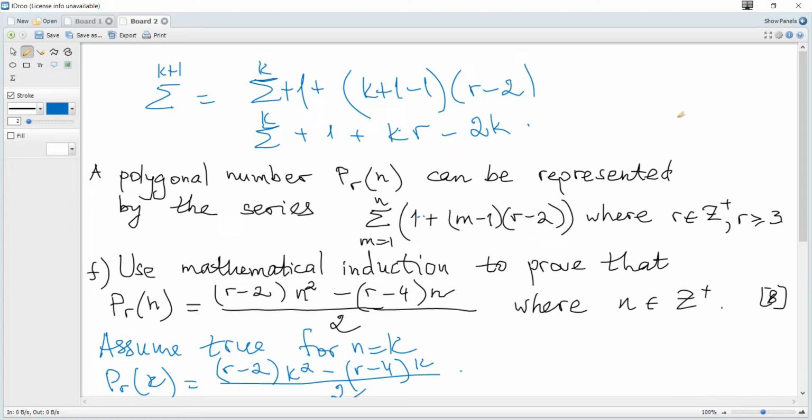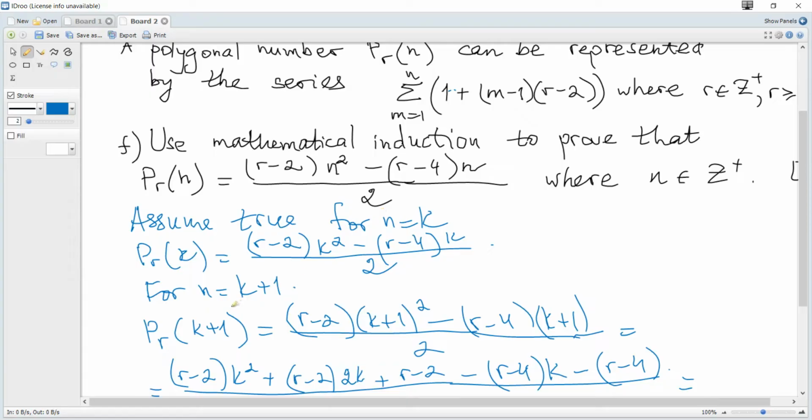So we must get this Pr of k plus 1 to be true.